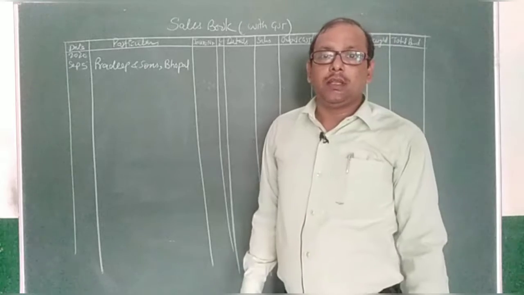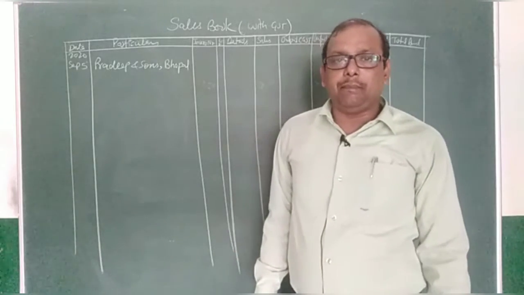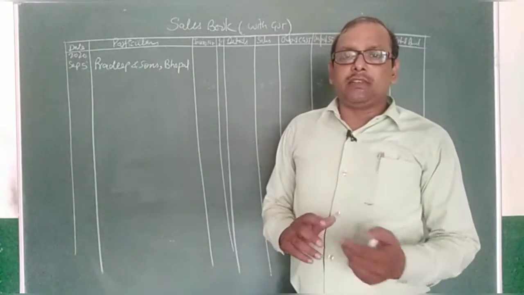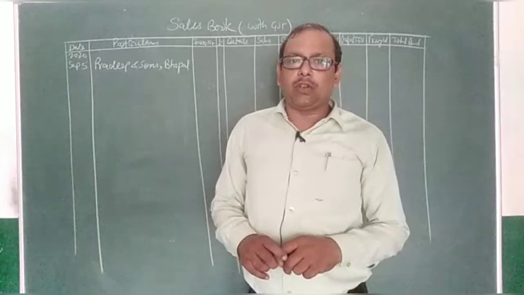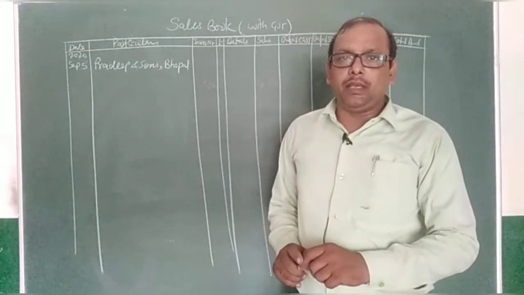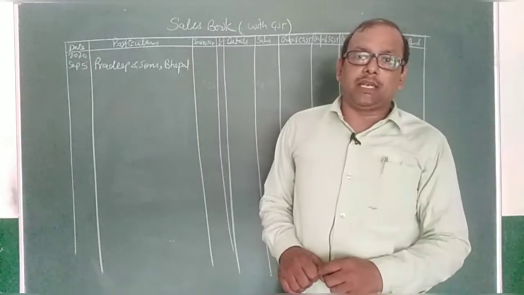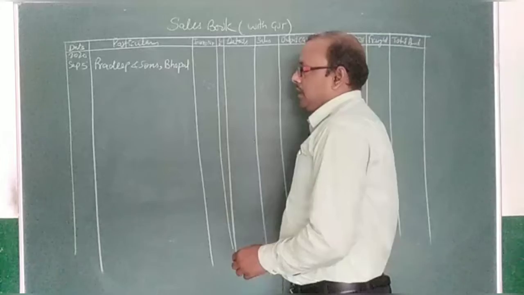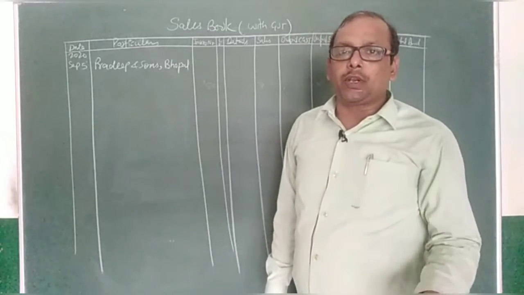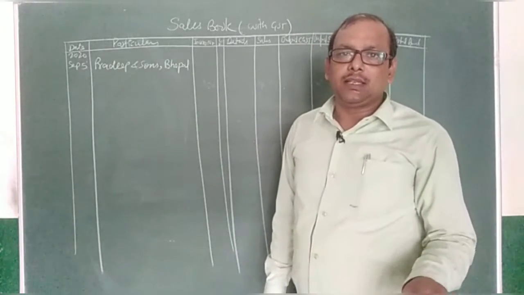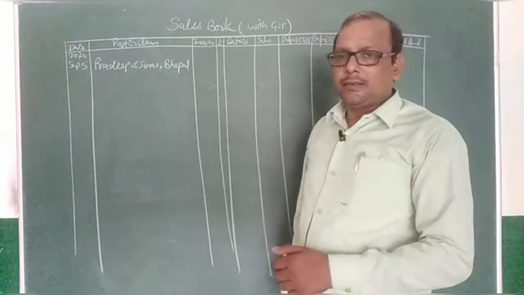Bhopal means Madhya Pradesh, MP. So two states are involved. You are from UP, your customer is from MP. It means IGST will be charged, output IGST. You have sold what? Food grains like wheat, rice, gram, maize, like that.